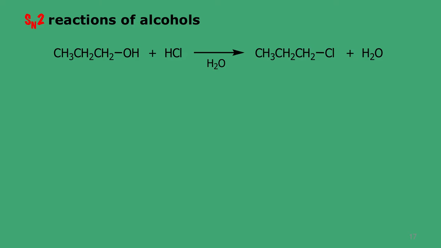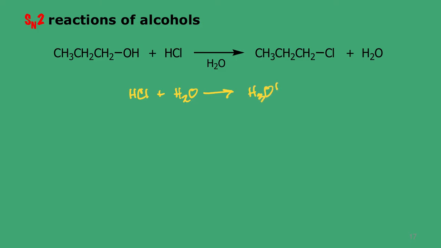Here we have the reaction of 1-propanol in hydrochloric acid. You'll notice the way this is written: it says HCl and water. Now we need to step back and ask, what do we know about HCl and water? The answer is that as soon as you put HCl into water, you don't have any HCl anymore, because hydrogen chloride is a very strong acid.